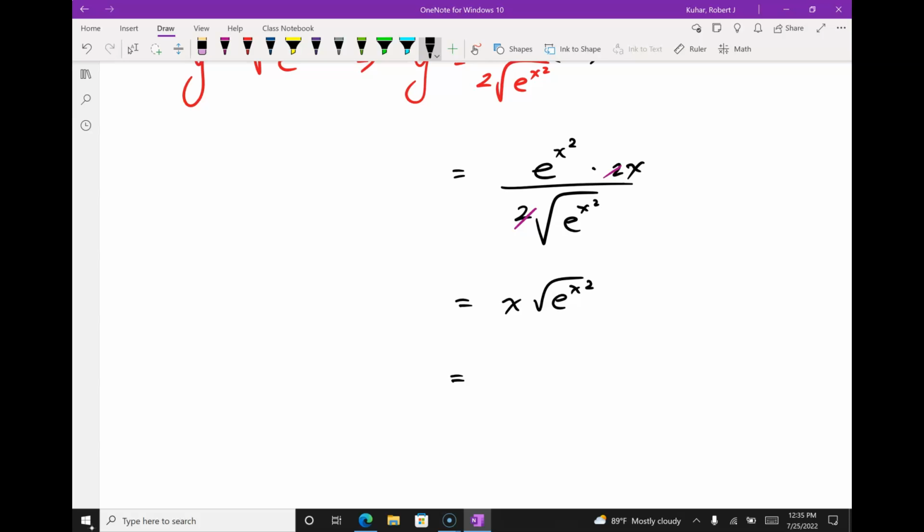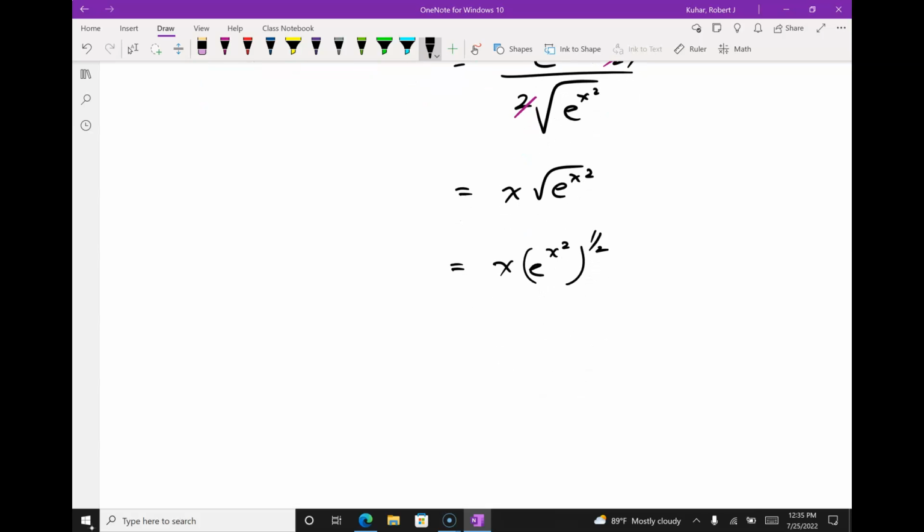I wonder, can I do anything with that? Well, e to the x squared raised to the half power, right? That's the only thing I could do.